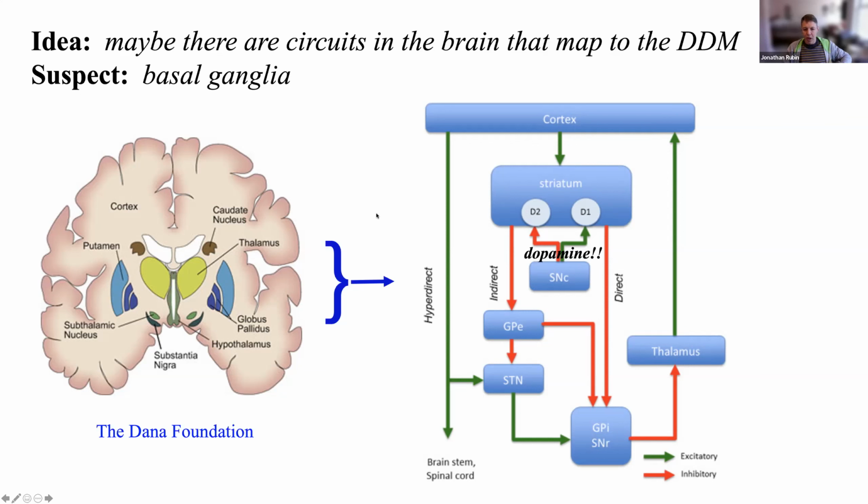One of the reasons that people like to think of the basal ganglia as relating to decision making is that it is a site of release of the reward chemical dopamine. Even if you don't work in neuroscience, you've probably heard of dopamine, but this is what's called a neuromodulator.